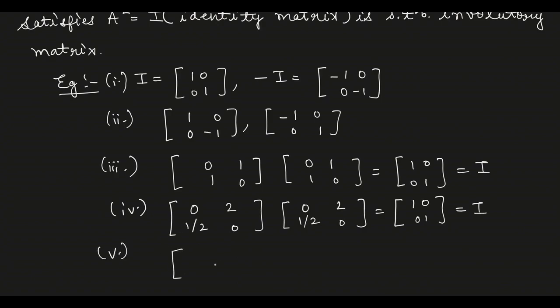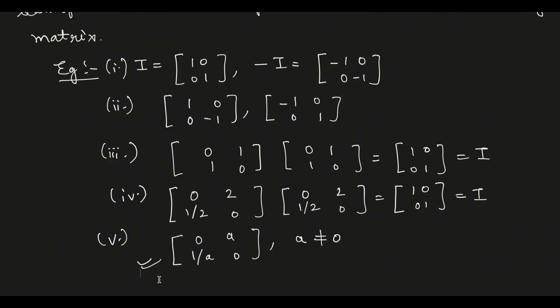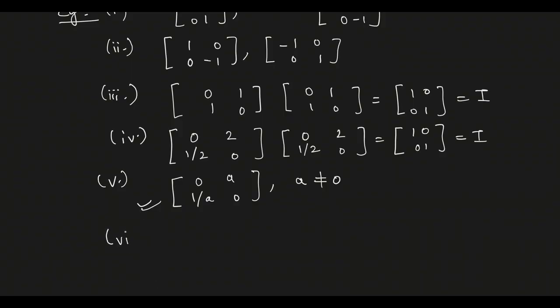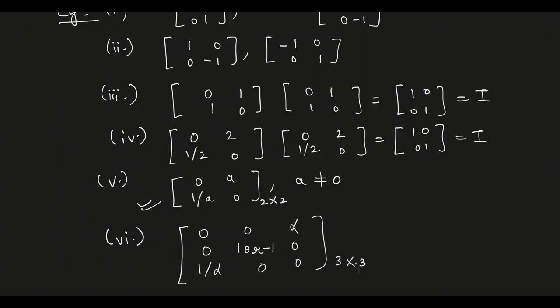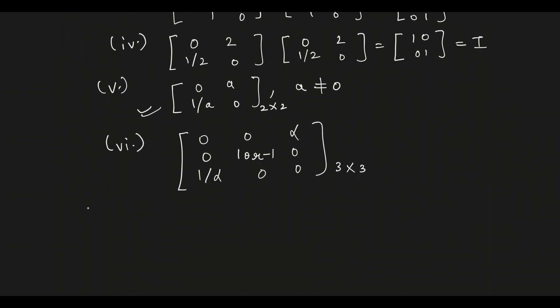So from this I can say that it can be like this: 0 1 by a a 0, where a is non-zero. So in general, this can be an involutory matrix. This was for 2 cross 2, and for 3 cross 3, this will be involutory.